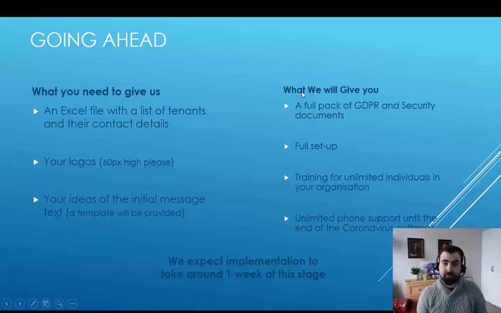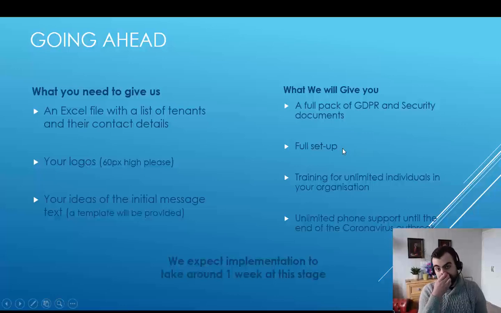What we'll give you up front is our full information security and GDPR documents for you to perform a PIA if you need to. We already work with dozens of housing associations, the government itself, public bodies. We understand GDPR, we understand its importance, but we also understand that we need to move very, very quickly on this. So we can provide you upfront with exactly what you need to fill in the details you'll need to.